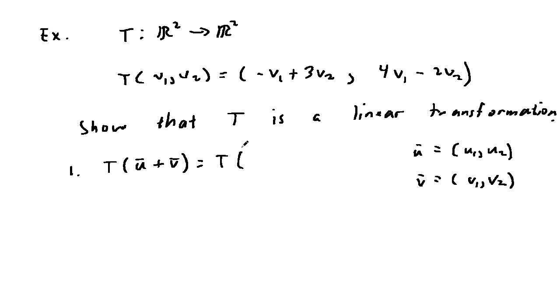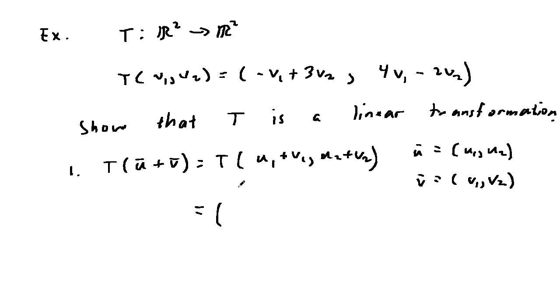So then that's T of (u1 plus v1, u2 plus v2). This is what we get when we add u and v. Now we just plug this into our definition of T.